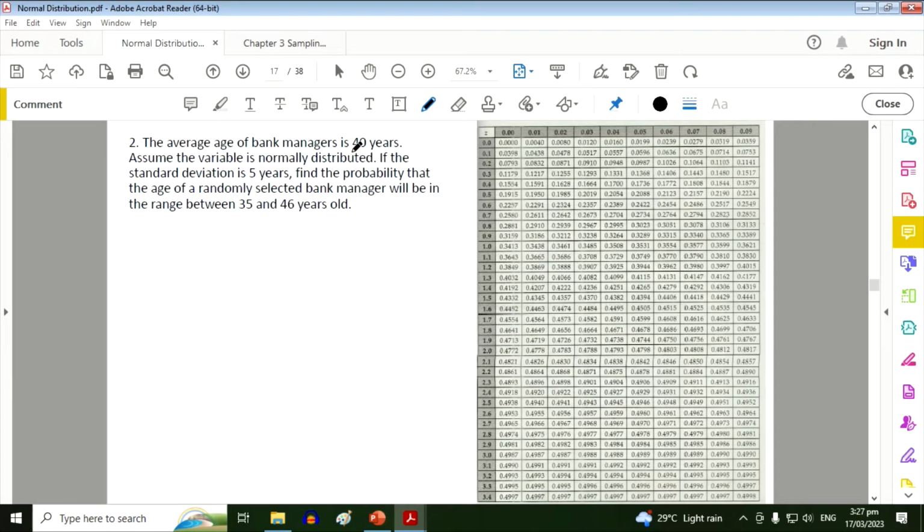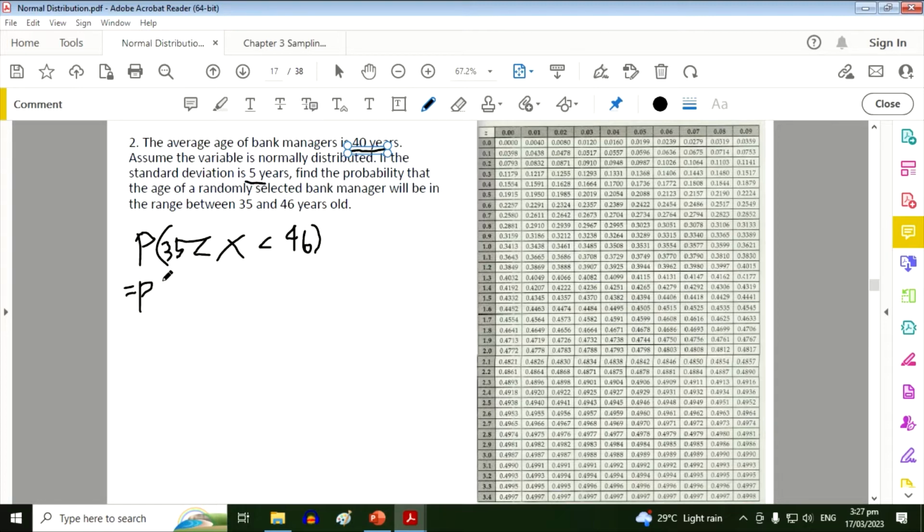So we're given the average 40 and standard deviation of 5, and we're asked to find the probability that the randomly selected bank manager will be between 35 and 46.